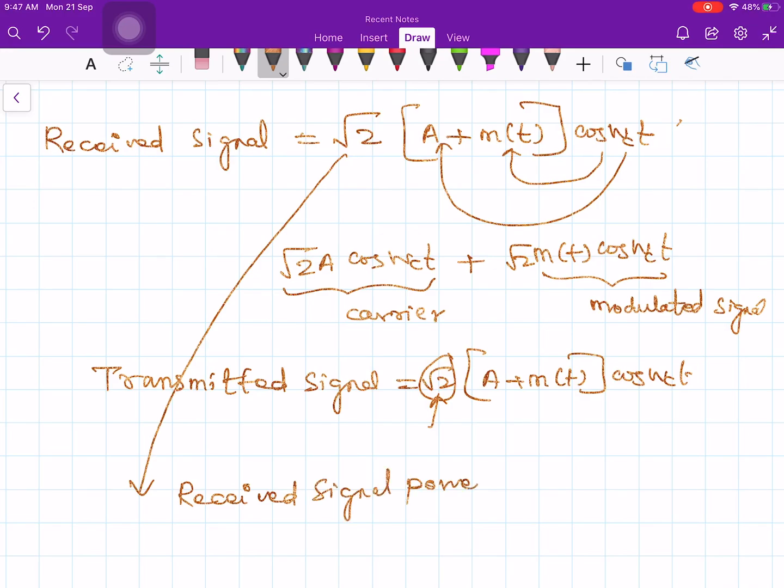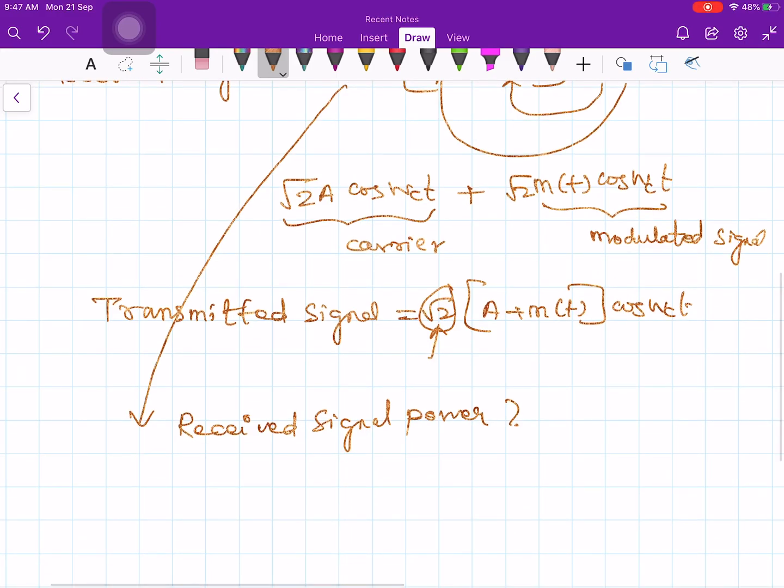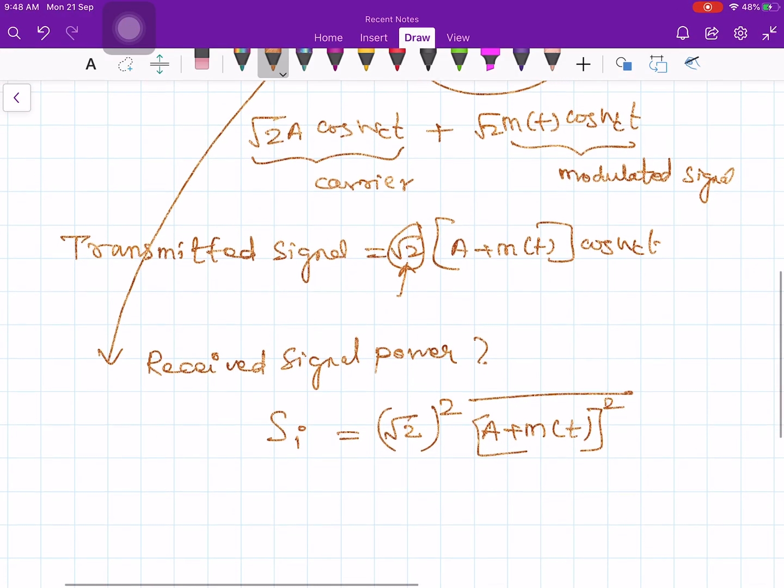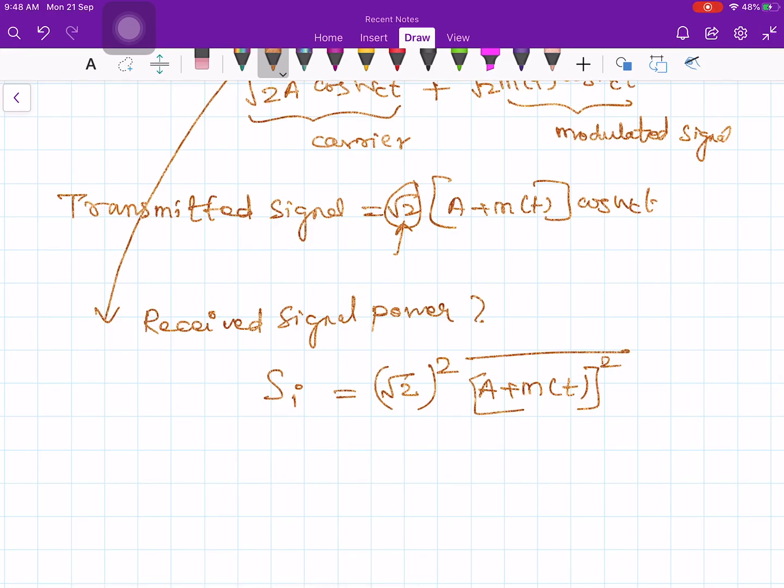Received signal is given, then you can find out received signal power. Let me denote it by S_i. So this is √2 times the whole square, then (A plus m of t) whole square, and bar, that is expectation, divided by 2.